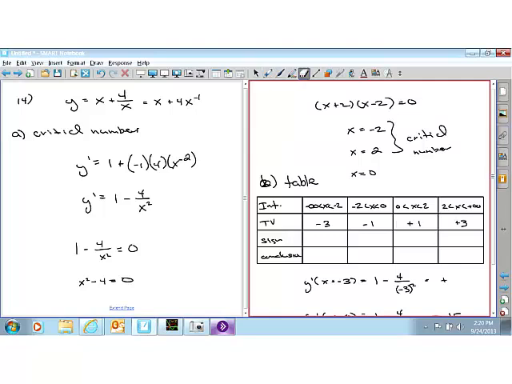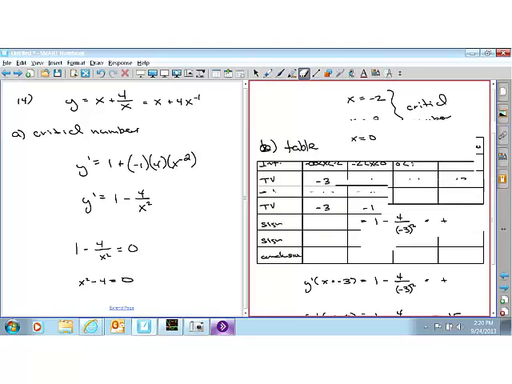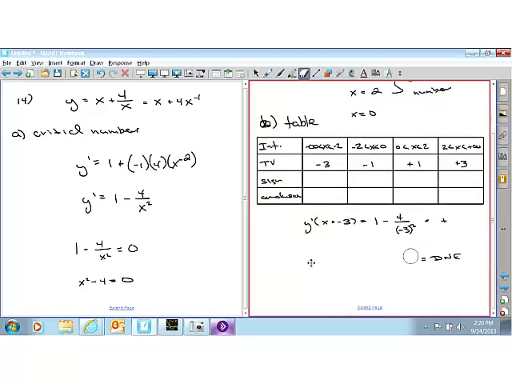So I have to go back and fix this, because what I found out was that my function did not exist there, so that wasn't good. Okay, now we do y prime of x at x equals negative 1. We'll get 1 minus 4 over negative 1 squared.